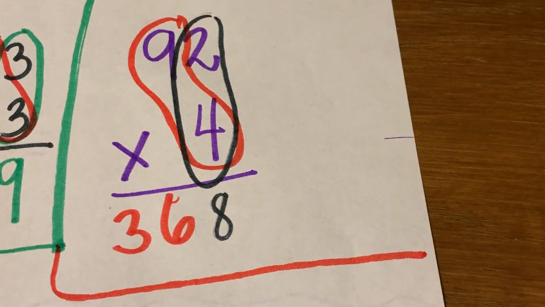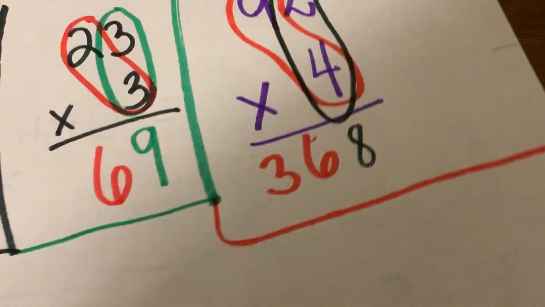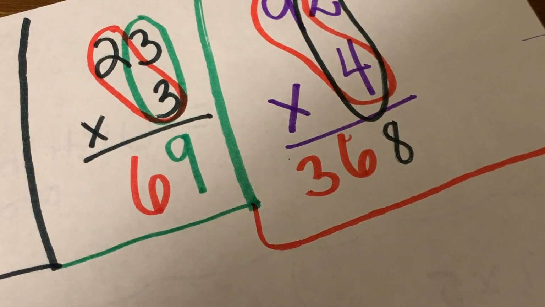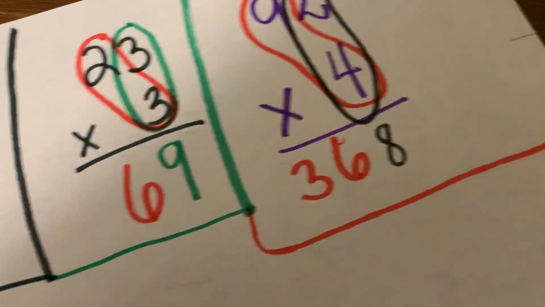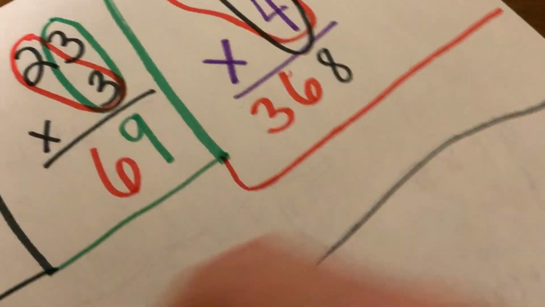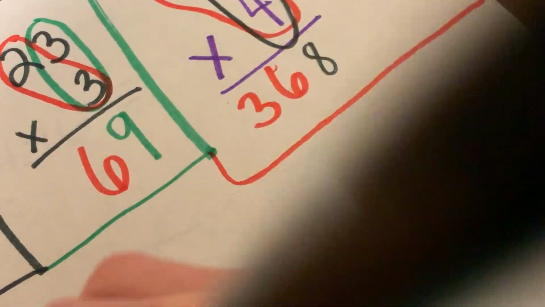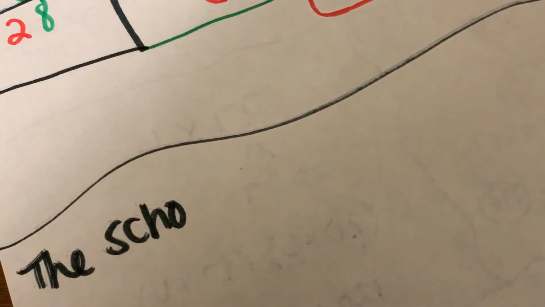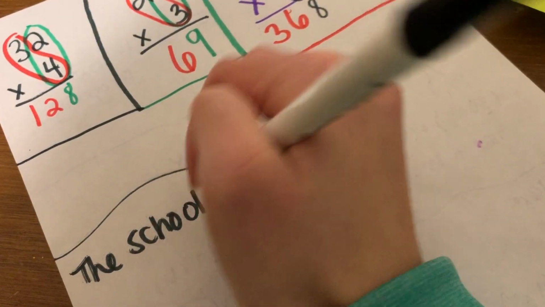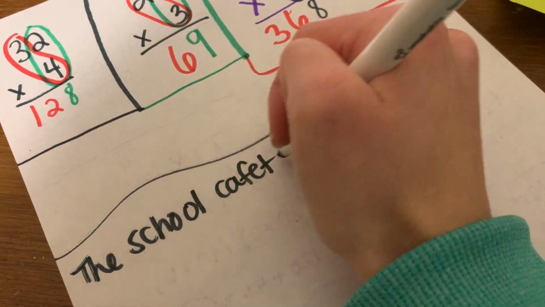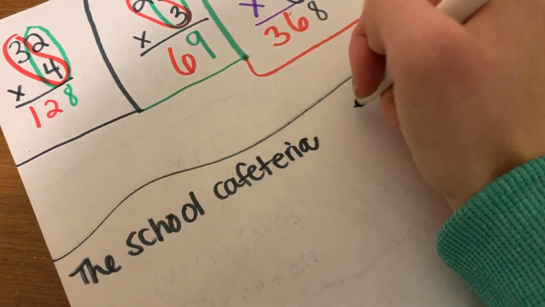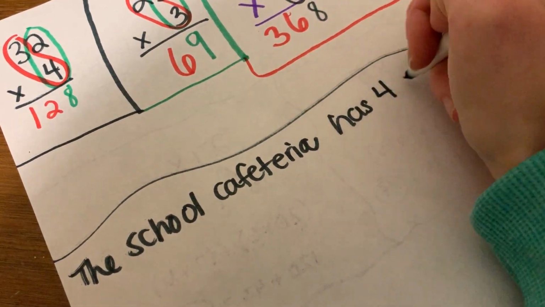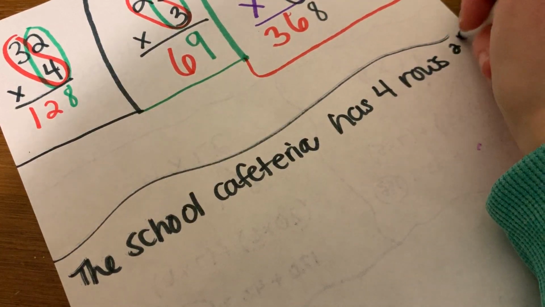All right. Let's do a word problem, and then we'll go ahead and call it good. So the school cafeteria, oops, you can't see that. The school cafeteria has 4 rows of tables.